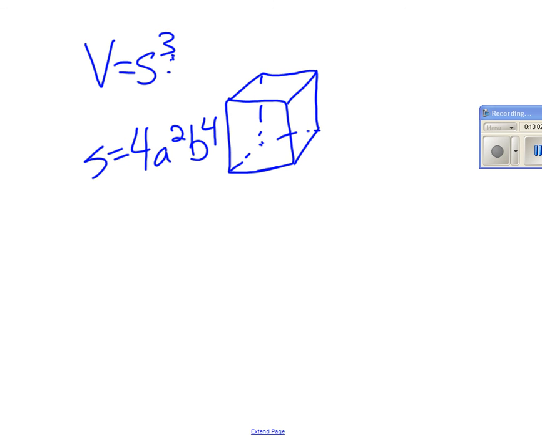Cube it. So we're going to say 4a squared b to the 4th, and that whole thing is going to get cubed. Well, that's part of it. But you never want to have exponents raised to other exponents. So how can we remove this cube? Which rule is that? Look at your paper.